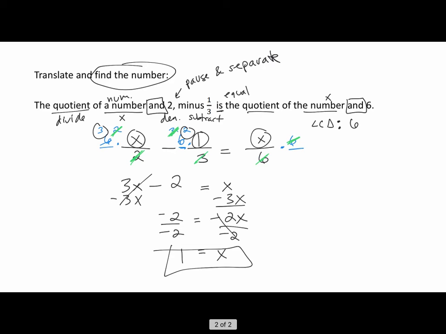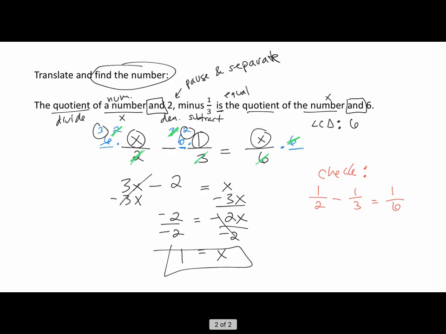So I think that the number is 1. Let me see if that makes sense. So let me check that out. In my translation, the quotient of a number and 2 minus 1/3 is the quotient of that number and 6. Does that make sense?